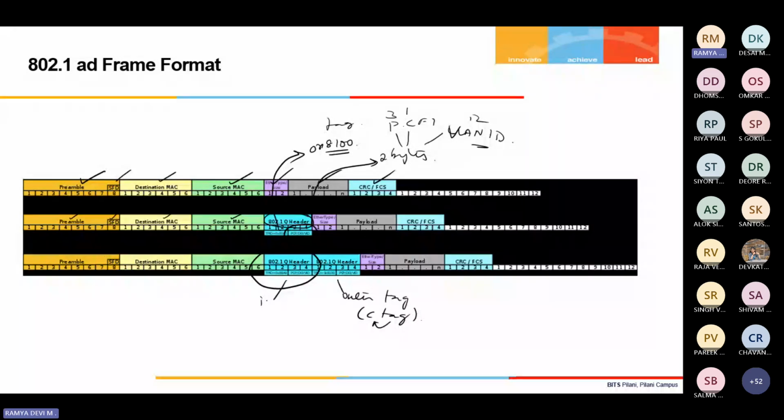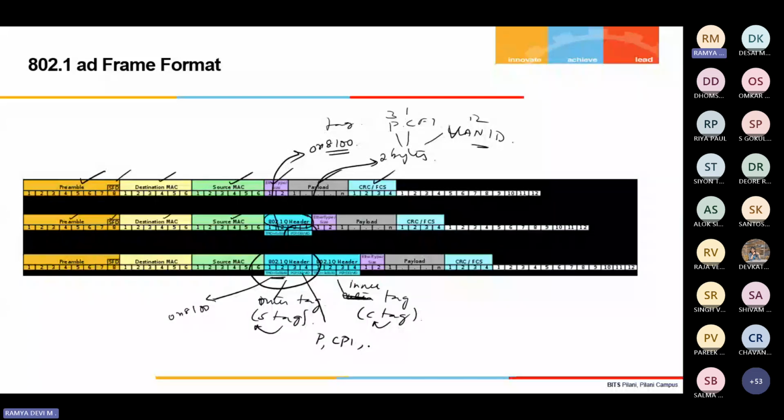The inner tag contains the customer tag information. Here also the TPI will be set to 0x8100. It also includes priority, canonical format indicator CFI, and the VLAN ID.